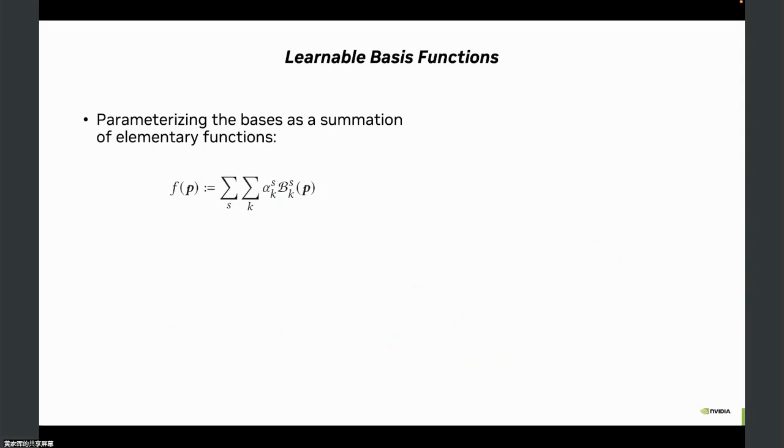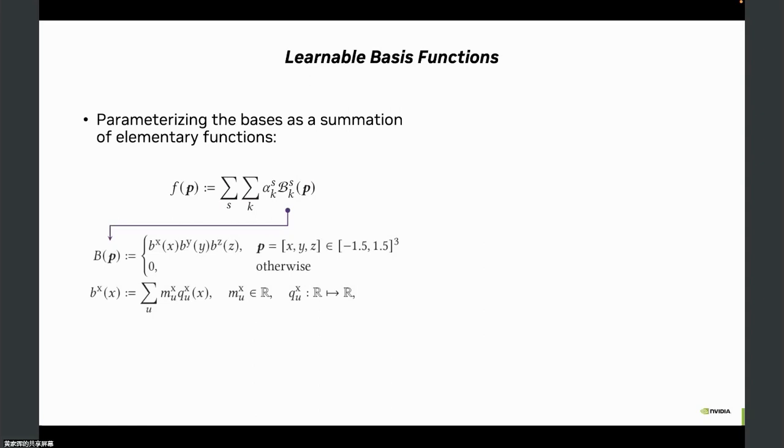So how did we do that? We parameterize the basis as a summation of elementary functions. The implicit function is a summation of basis functions, and each basis function is a summation of elementary functions, which are very simple. We utilize very simple elementary functions, x squared, x cubed, or x to the power of p, plus trigonometric functions like sine or cosine.